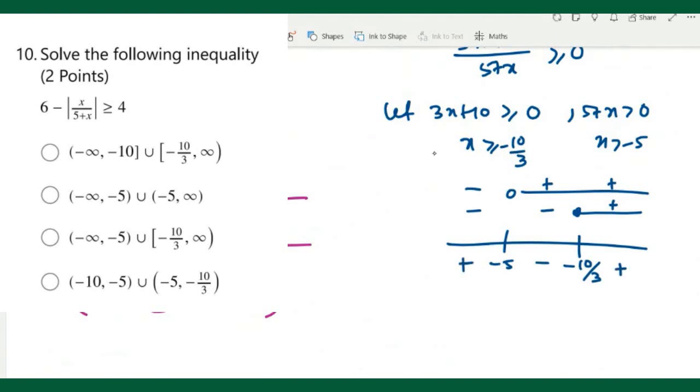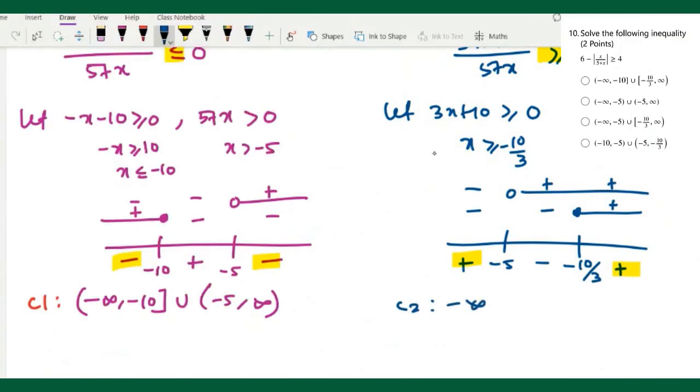So yang ini more than, kita ambil kawasan yang positif. The answer for case 2 pula will be negative infinity to negative 5, union negative 10 over 3 to infinity termasuk. Okay, so ini jawapan bagi kes yang kedua.